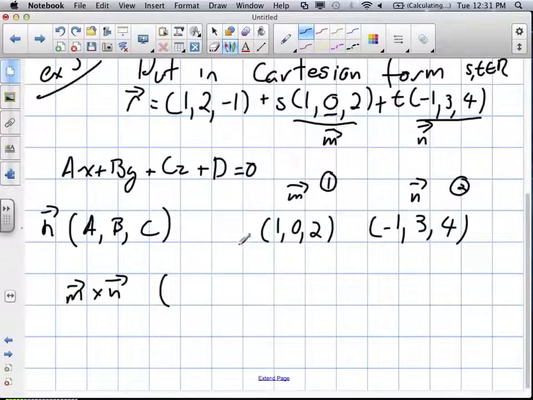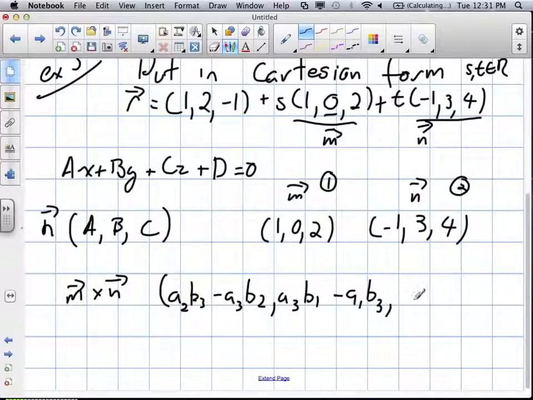If you guys remember the cross product, should I write it out again for you? So our first component is A2 times B3 minus A3 times B2, then A3 times B1 minus A1 times B3, then A1 times B2 minus A2 times B1. A2 is 0 times B3, which is 4.